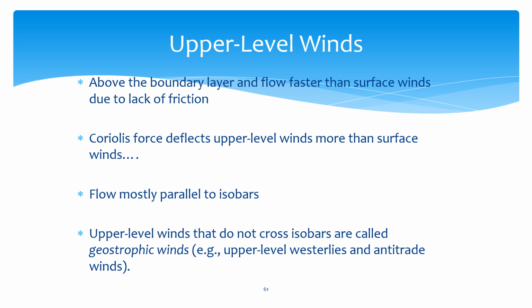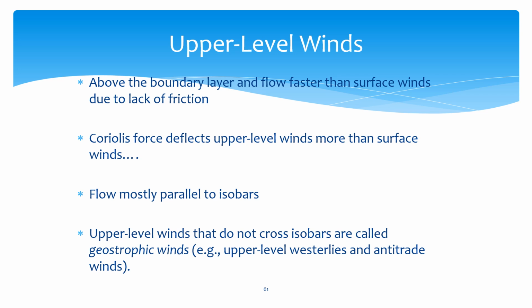Because we know that Coriolis increases with wind speed, that Coriolis effect of deflecting the wind one way or the other, it makes sense that it is going to deflect those upper level winds more than surface winds because they're going to go faster because there's no friction. Interesting thing about upper level winds here is that they flow mostly parallel to isobars.